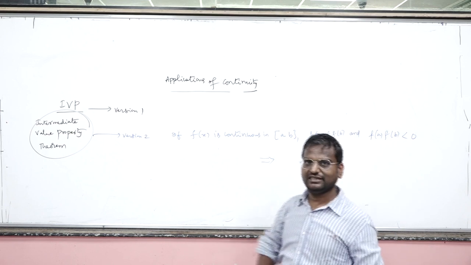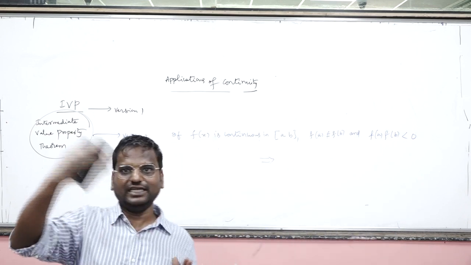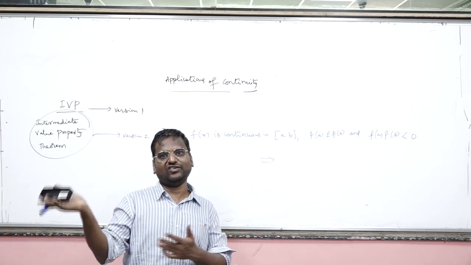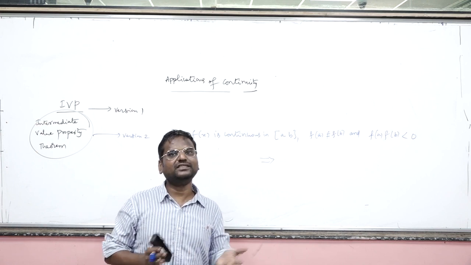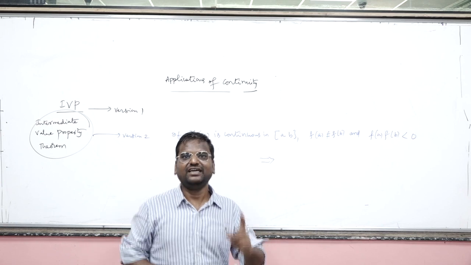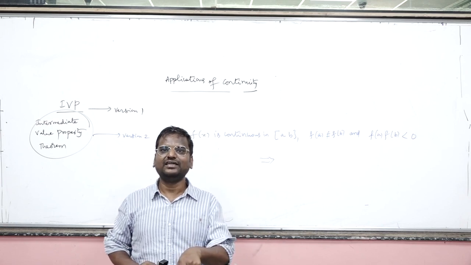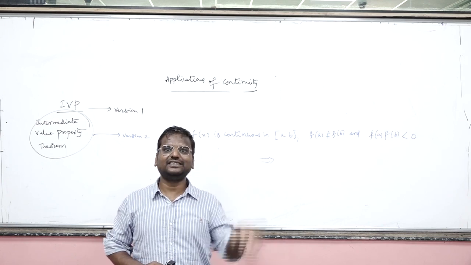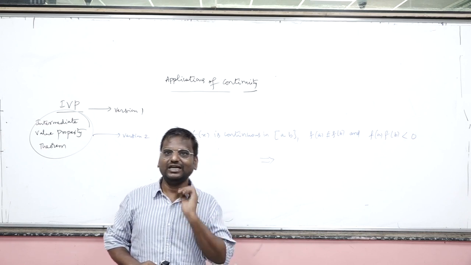F is continuous in A to B and f of a into f of b negative. That means it must change the sign. If f is changing sign in A to B and it is continuous, definitely it can't change sign unless it becomes 0 in between.